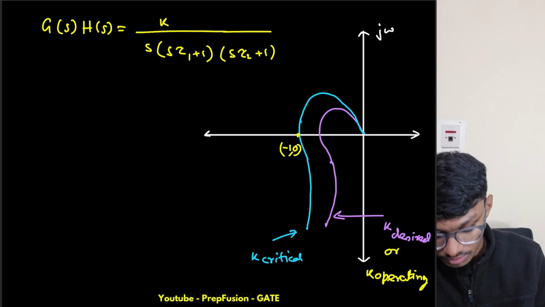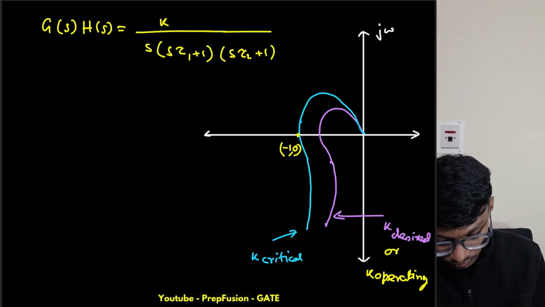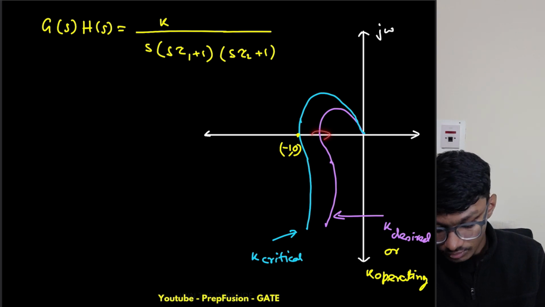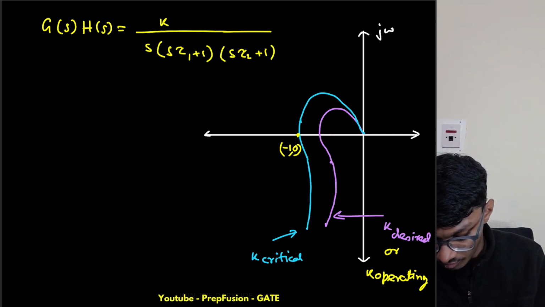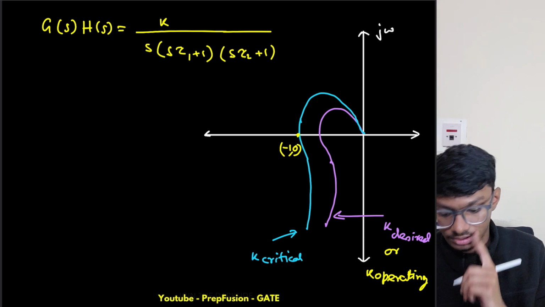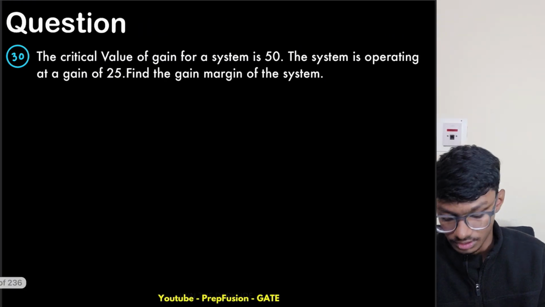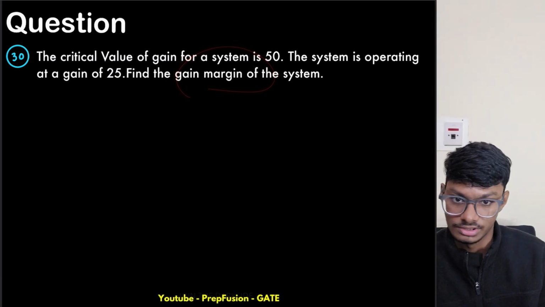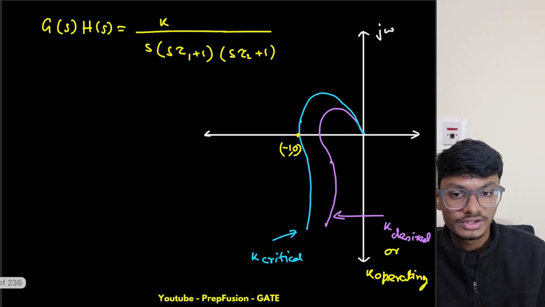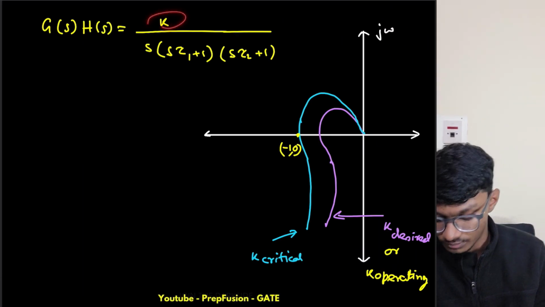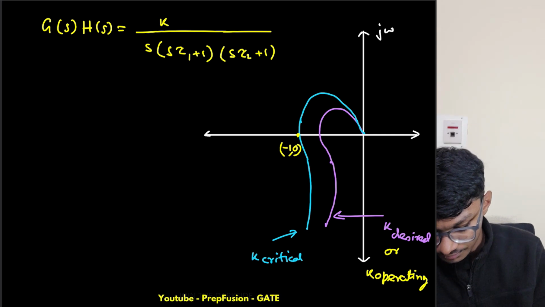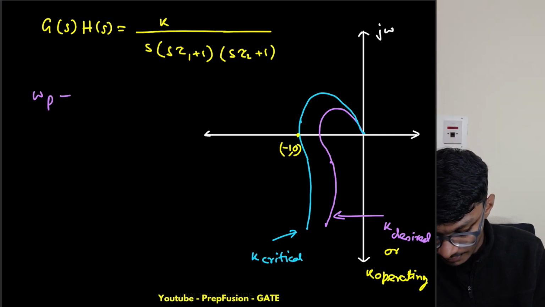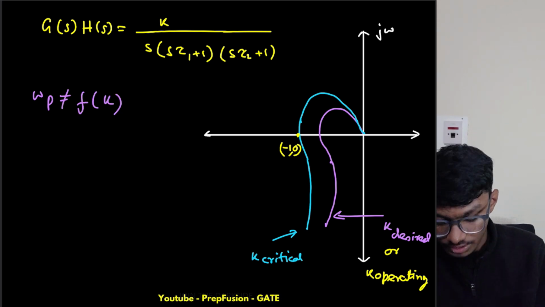Just write this simple formula. Does the phase crossover frequency depend on k? Omega p is not a function of k, it is not a function of gain itself.